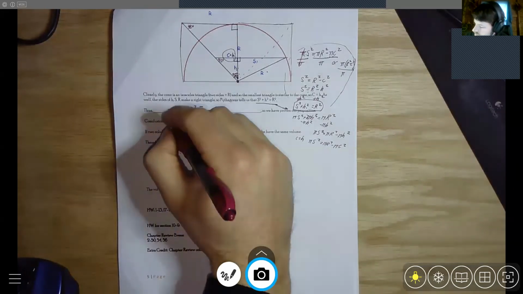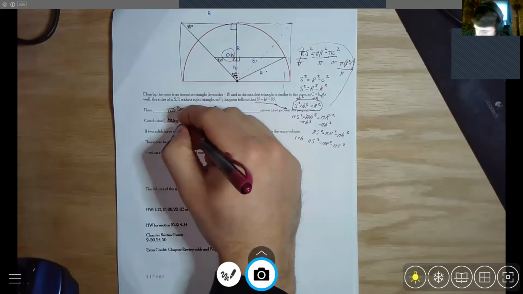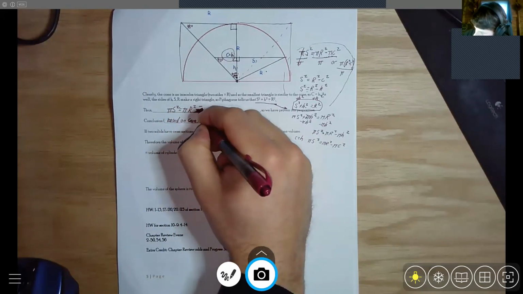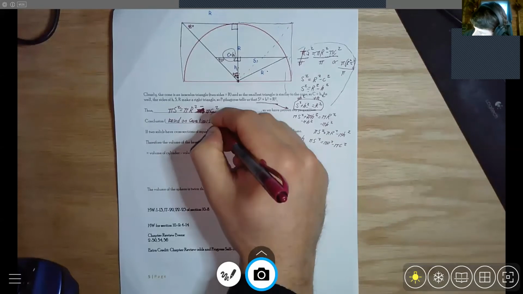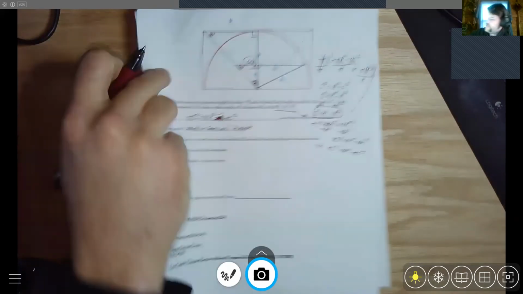So our conclusion is going to be based on Cavalieri's principle. So we'll flip the page back here.